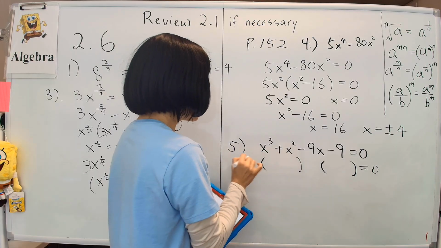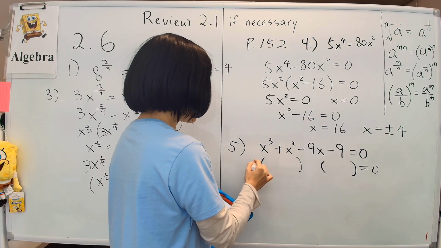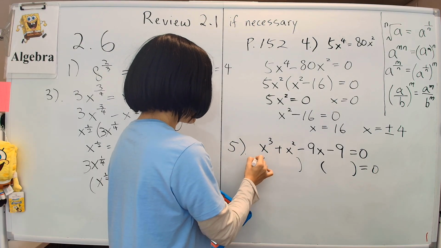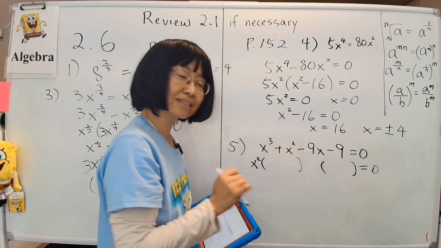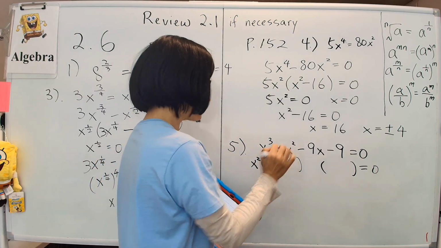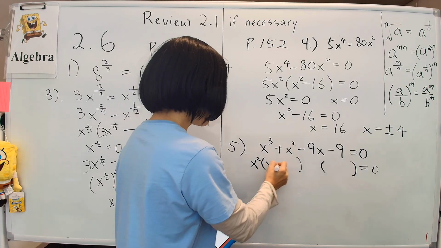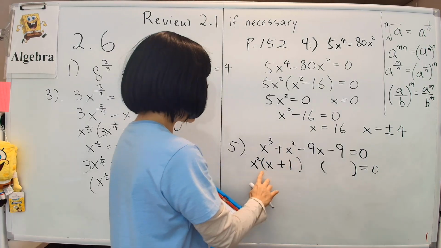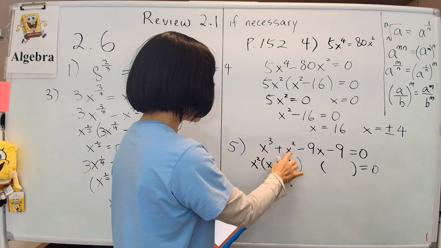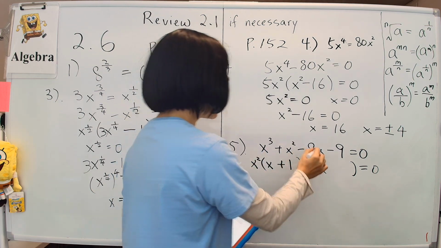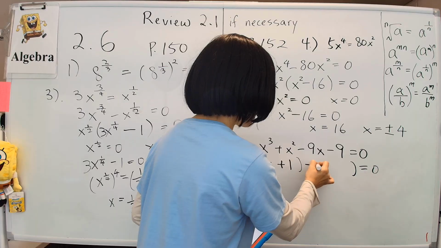So this group, when we factor it, will become x squared, because this group has x cubed and x squared. So we take out x squared as its common factor of just these two things. Okay, so then we have x plus 1 left. And as you can check quickly, this multiply becomes that. So this multiply this becomes that. So we're good. And the second group, we're going to factor out the entire negative 9.